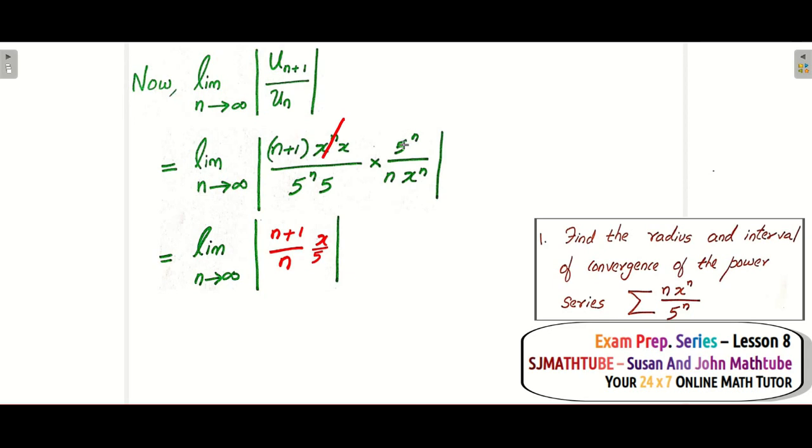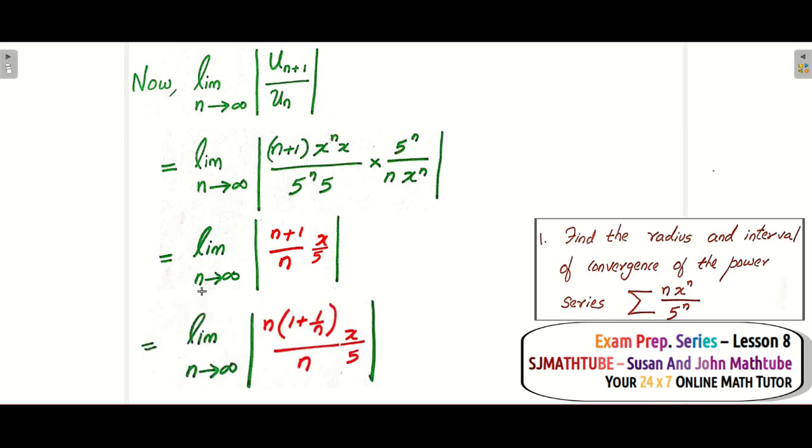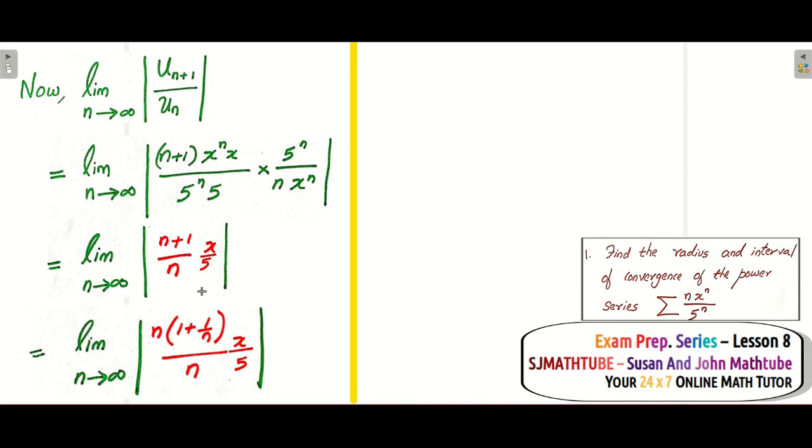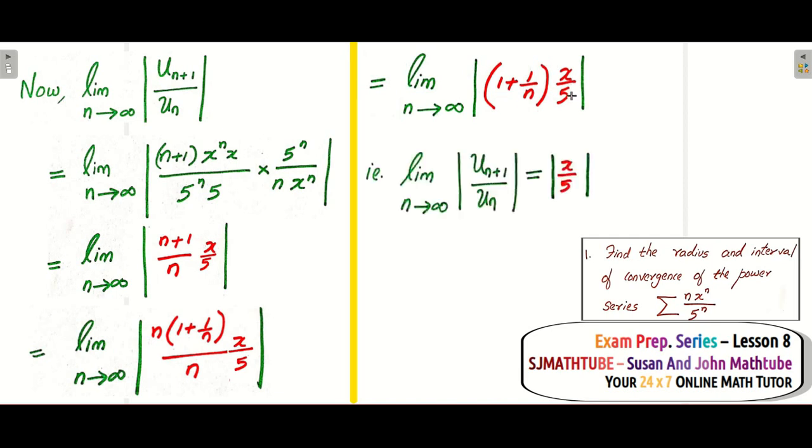This will get cancelled, so the remaining part. I'm sure you're very good with limits which tend to infinity: you take n outside and cancel. Now when n tends to infinity, you get 1 plus 0 into x by 5, so we get modulus of x by 5. I hope you're okay till here, and that will be mod x by mod 5.